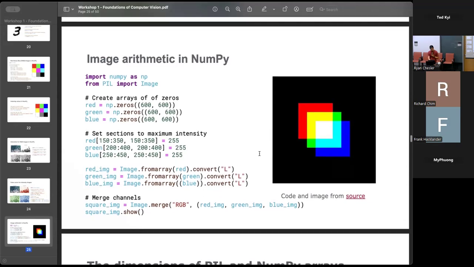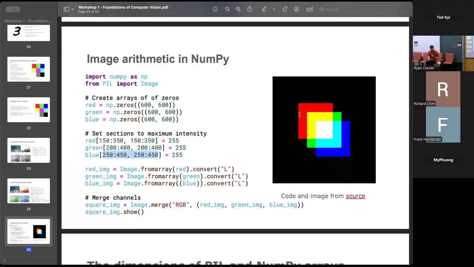Here's an example where we do manipulations of the NumPy array, and then visualize what we actually did. We can draw some rectangles or squares on top of the image. For this region on the y-axis and this region on the x-axis, set it all to 255 on the red channel. Then we do a different region of the green and a different region of the blue, and set those all to 255.